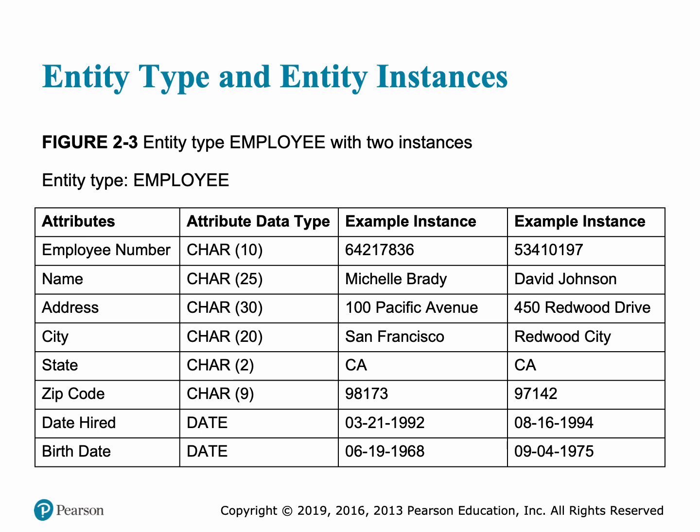So you can see that David Johnson and Michelle are living in two different areas, two different cities. Then date hired, birth date. So these are the attributes and attribute data types, whereas example instances are an individual's data that is provided to us to work with. So let's move to the next slide.